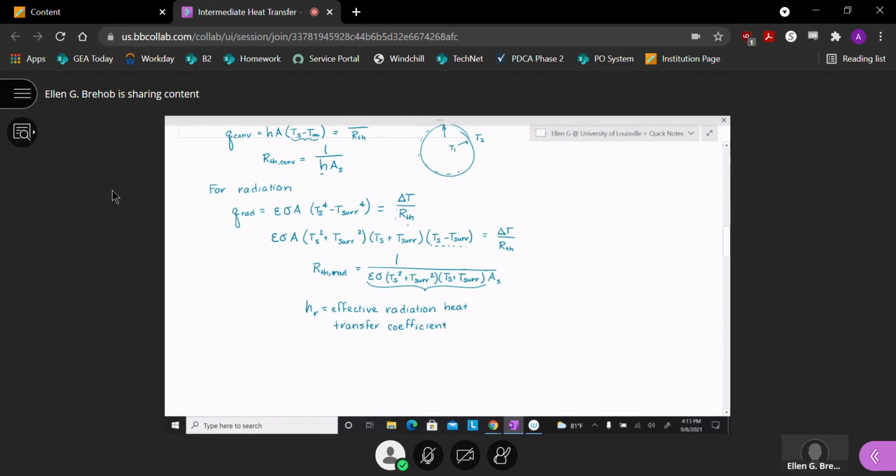And you're thinking it should have the same units as a heat transfer coefficient for convection, so watts per meter squared Kelvin. And then I could write this as 1 over h_r A. I'll put the surface in. Anyway, it gives some similarity between writing the convection and the radiation resistance elements, although the radiation has more complexity associated with it.